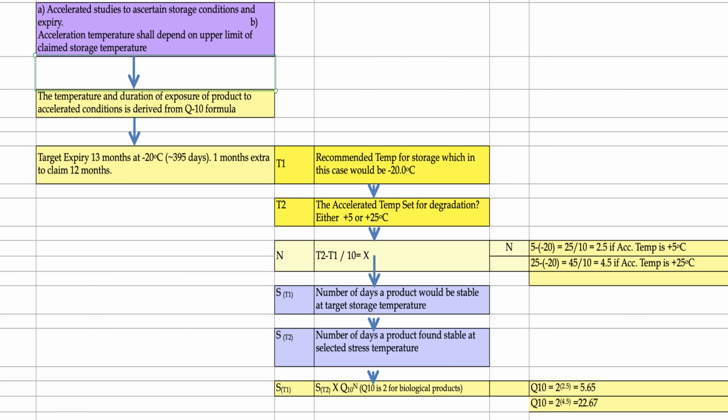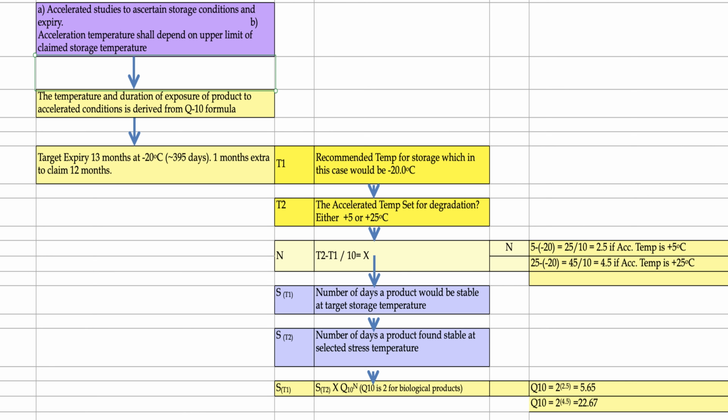T2 is the accelerated temperature set for the degradation. In this case, I am going to assume either 5 degrees Celsius or 25 degrees Celsius. What is N? N is equal to T2 minus T1 divided by 10. Right?